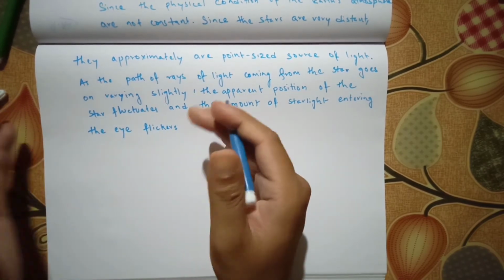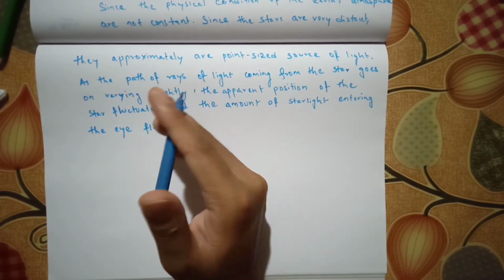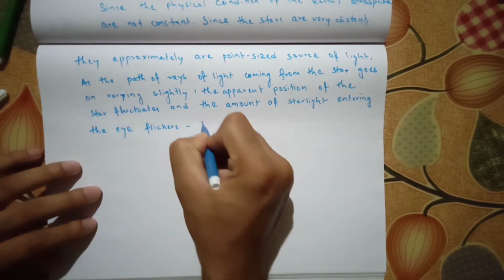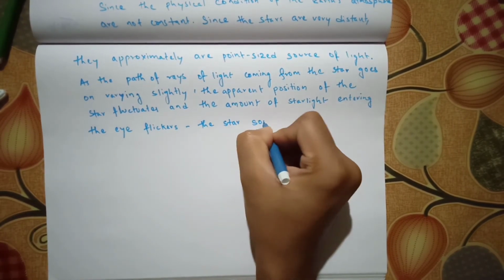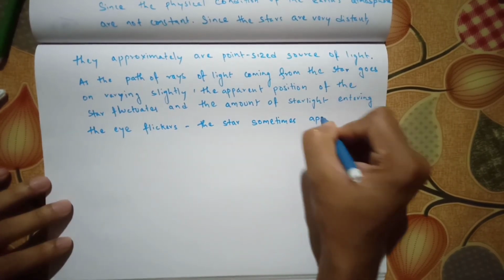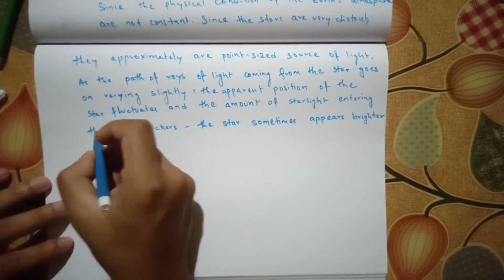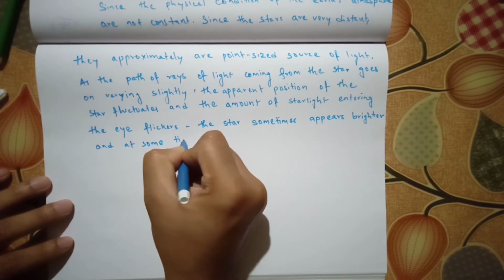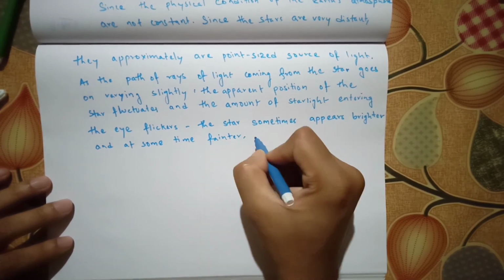It means sometimes we see the flicker here, sometimes we see it there. It means it changes its position. The apparent position of the star changes every time. The star sometimes appears brighter and at some time fainter, which is the twinkling effect.